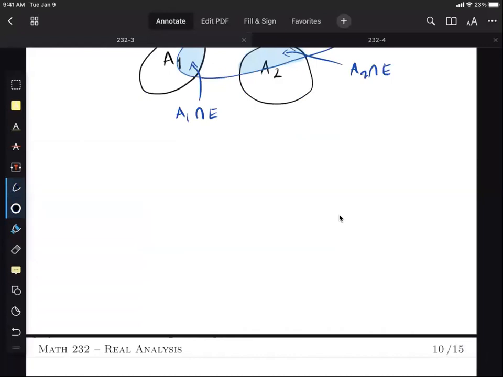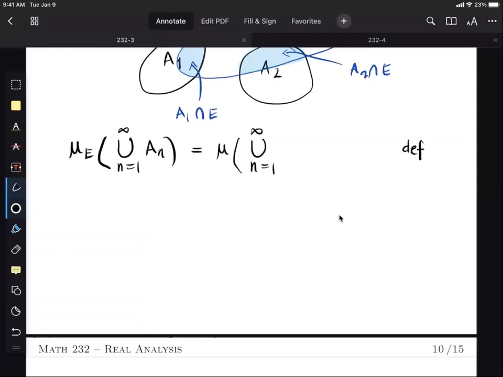Indeed, we have the following. So let us look at the value of the pairwise disjoint union with respect to mu sub E. We just apply the definition of mu E. So this is A_n intersection E. Then you can apply the distributive property for sets.